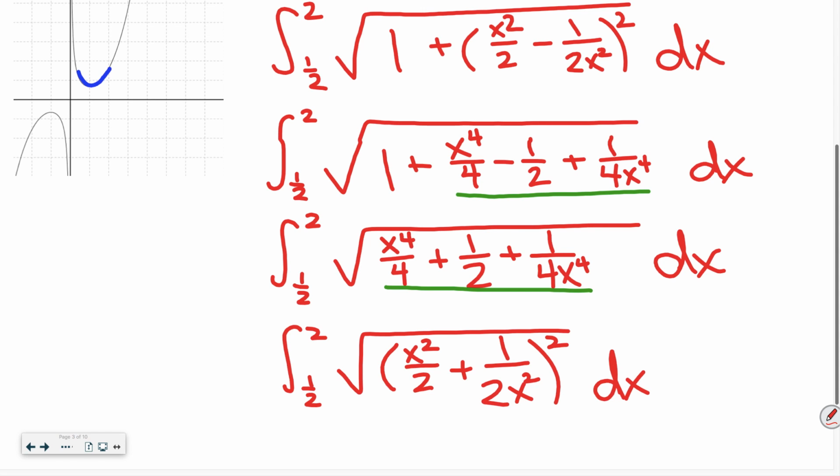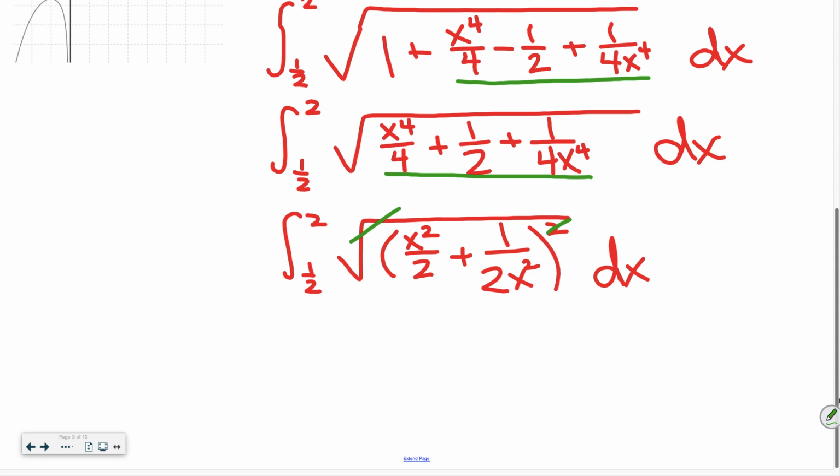And why is that exciting? Because you've got a squared and a square root and they fight and cancel out. Okay? And since we're going with the positive values, that will work out just fine.